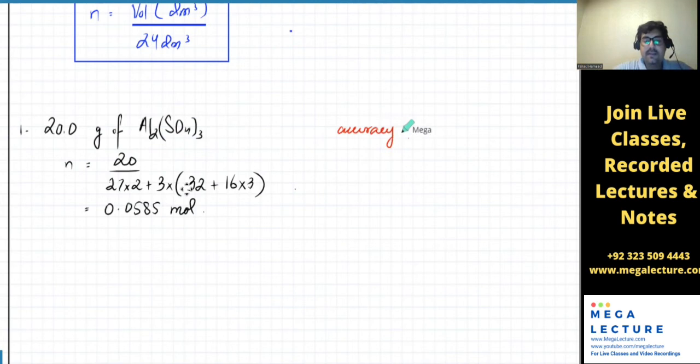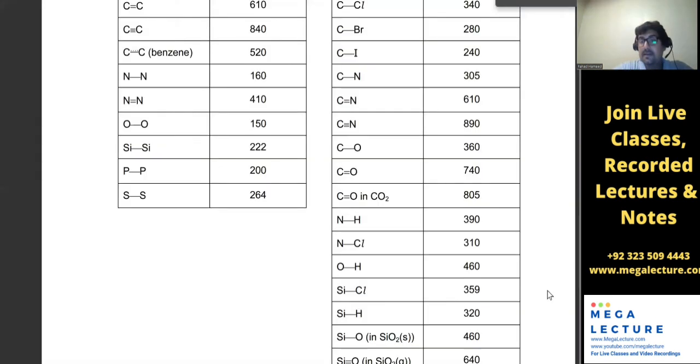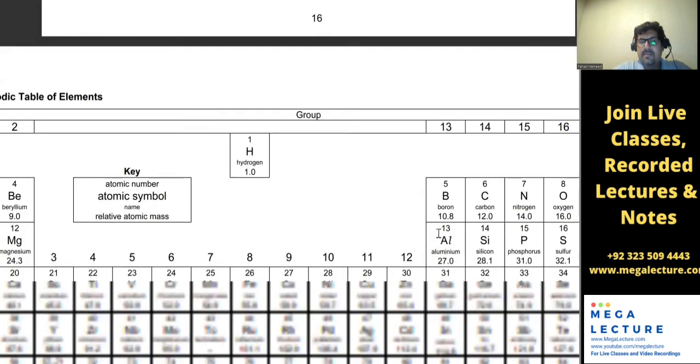For example, you've got a data booklet, although that's no longer with you, but it will be printed in the paper. You can just put 9701 data booklet in Google and you'll find a data booklet. It's no longer a separate component.